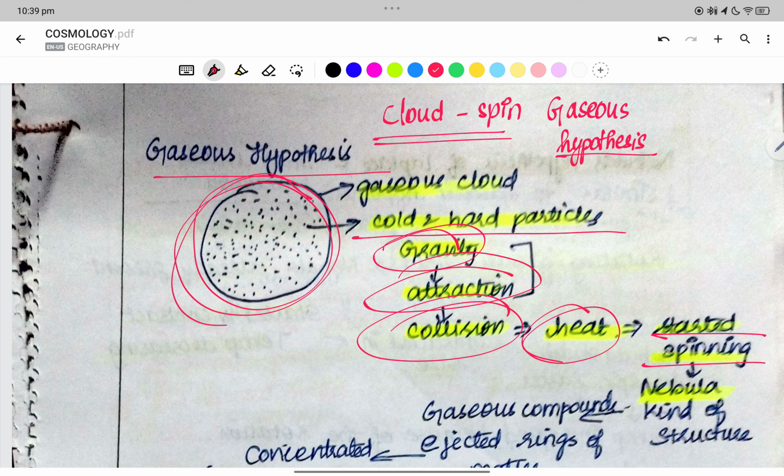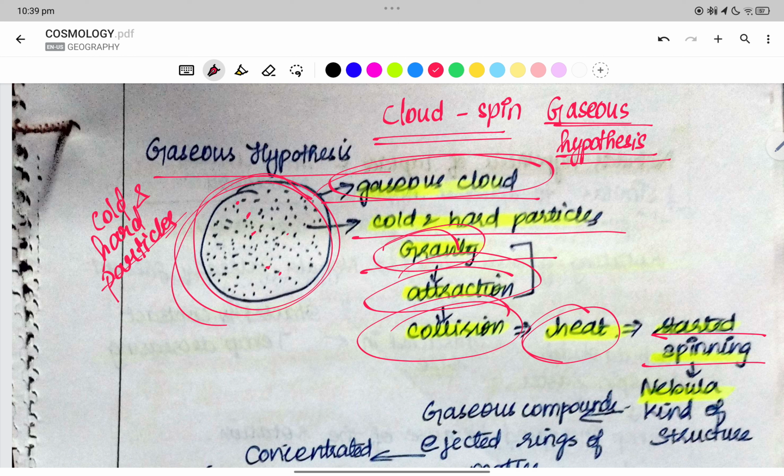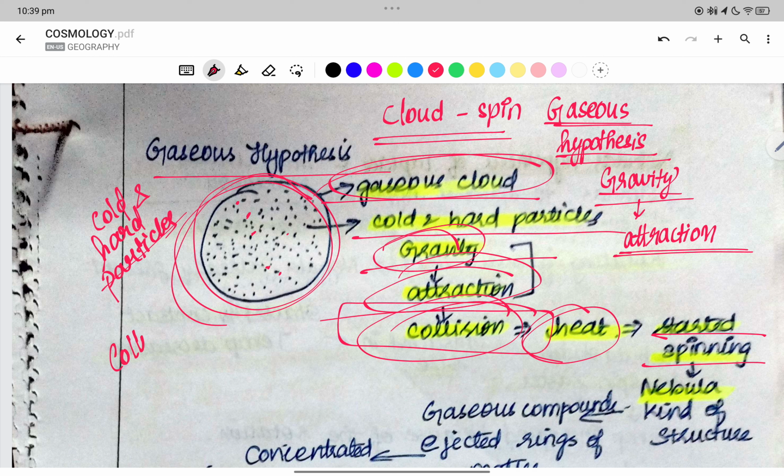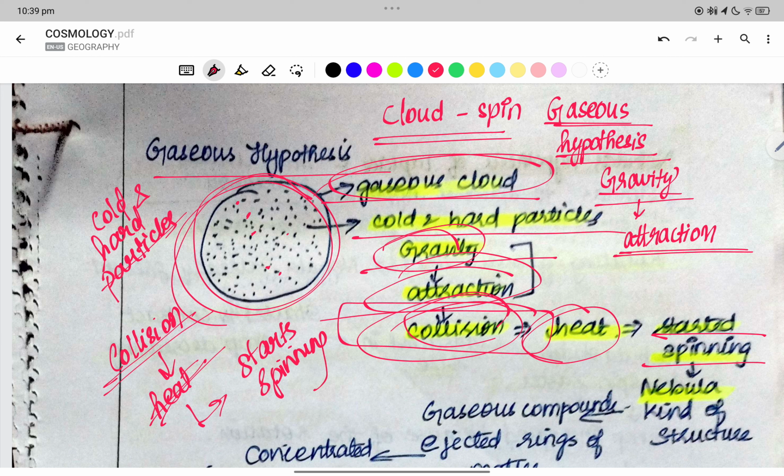Gravity causes attraction, then collision, because of which heat is released and it starts spinning.